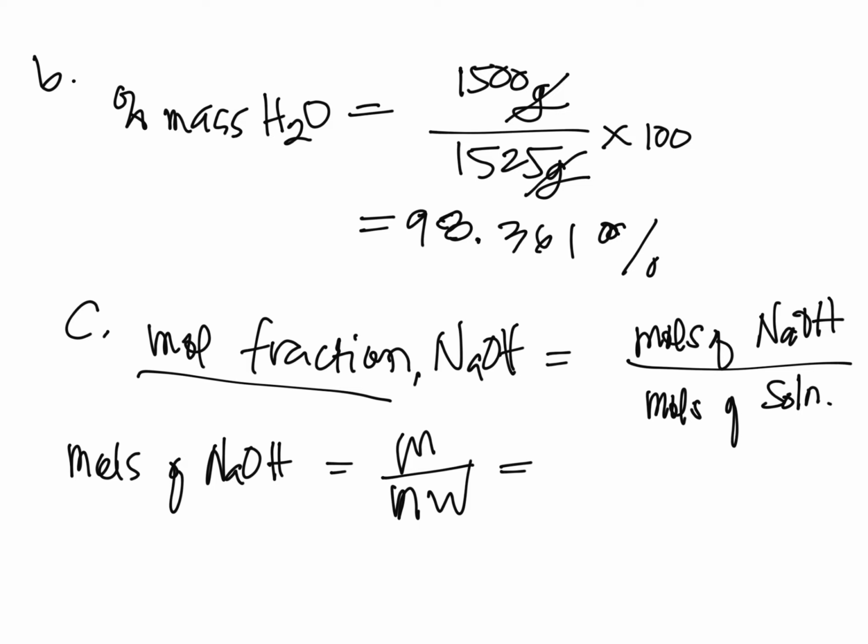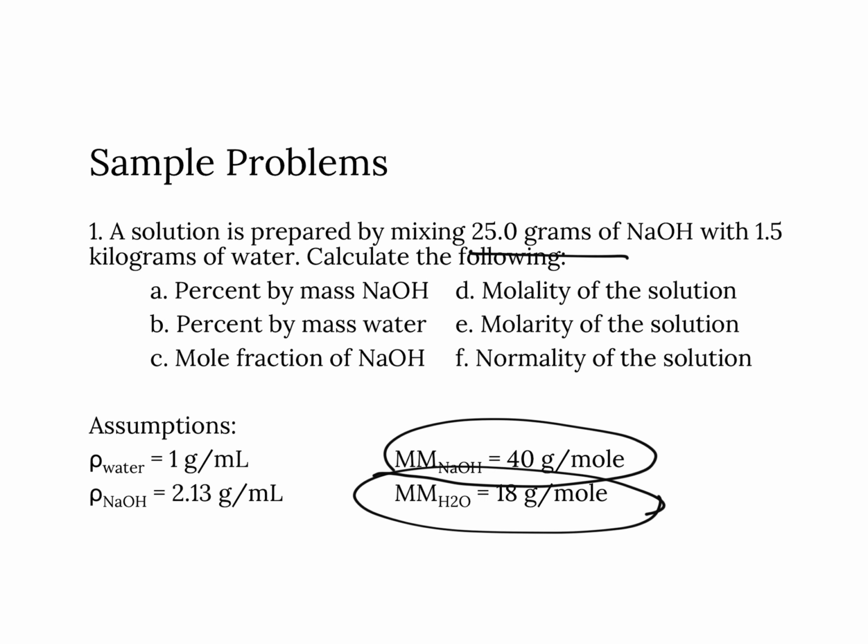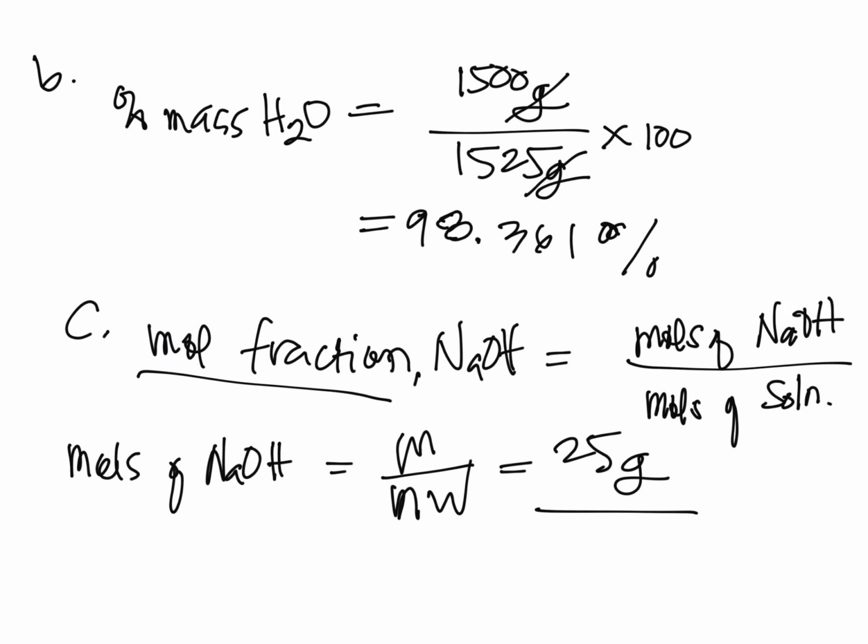The mass of sodium hydroxide is 25 grams, and then the molecular weight, let's go back, that's 40 grams per mole. So we're going to cancel the grams. What is left with us is the mole. So 25 divided by 40, and that is 0.625 moles.